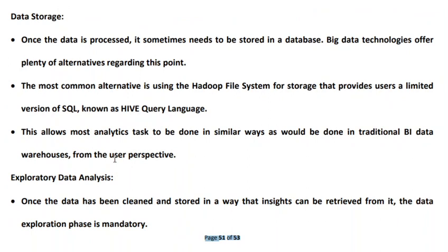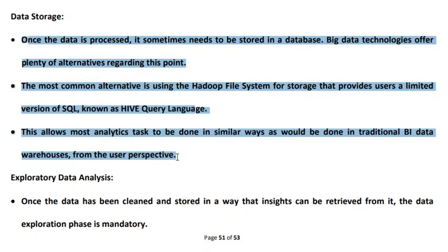Now the next phase that we have is called data storage. Once the data is processed and uniformity is maintained between various types of data acquired from different data sources, it is very important for us to store the data in a manner that the data itself is capable of facilitating algorithms in generating desired results. So this is very much important.